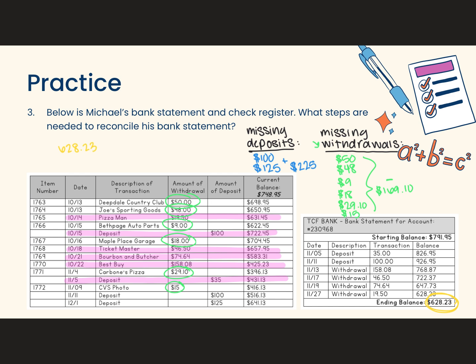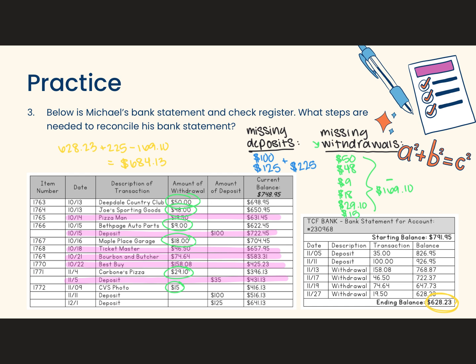And I am going to add on my deposits and subtract my withdrawals. What we want to do is see if it ends with their current balance. That is the goal here. So I'm going to add 225 and subtract 169.10. At the end of the day, when we do that, we're going to end up with $684.13.